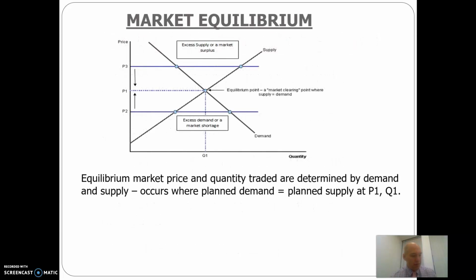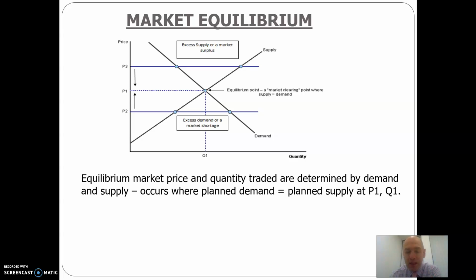Okay, in your notes, and you should be on page 72. This is the diagram that you have in front of you, and you're all aware now that equilibrium market price and quantity traded are determined by the intersection of demand and supply, because at both places, at a price P1, consumers want demand Q1, and firms want to supply Q1.